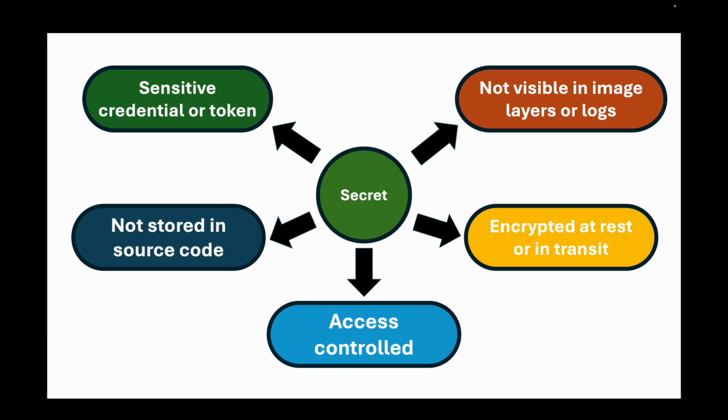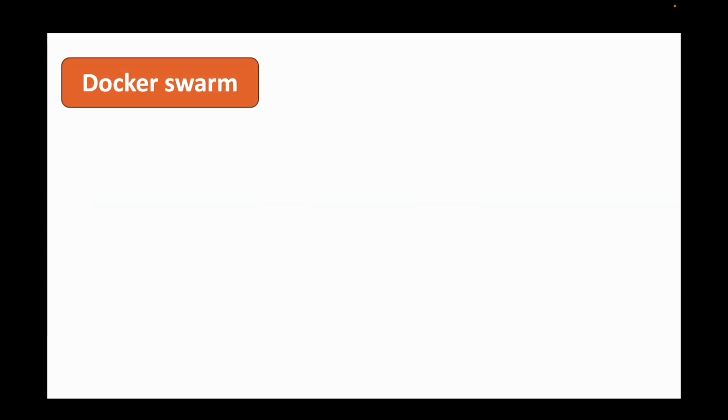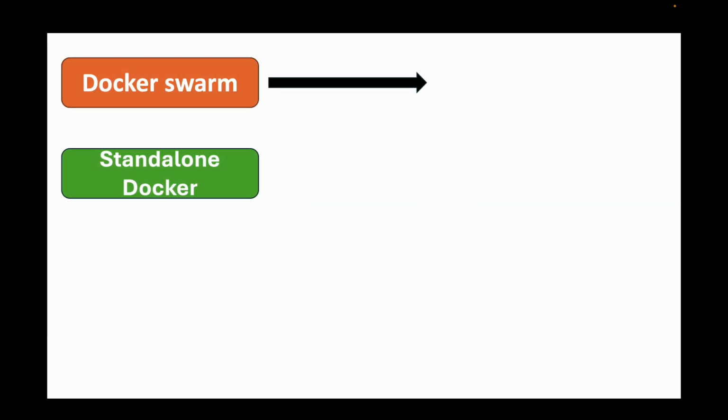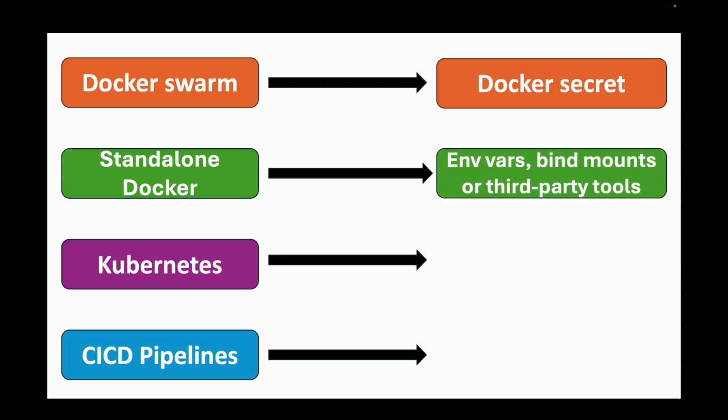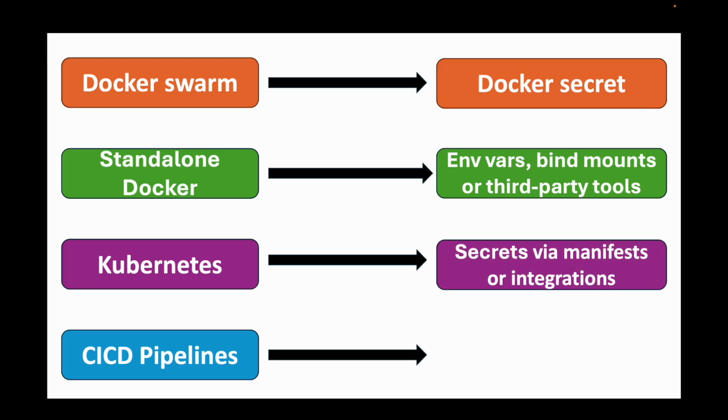So, secret management in Docker depends on environment. If you're using Docker Swarm, then you can make use of Docker secrets, which is native, encrypted, and built in. If you're using standalone Docker, then you can make use of environment variables, bind mounts, or third-party tools, which can be manual or semi-secure. If you're using Kubernetes, then secrets via manifests or integrations. So this uses base64 and this is not encrypted by default.